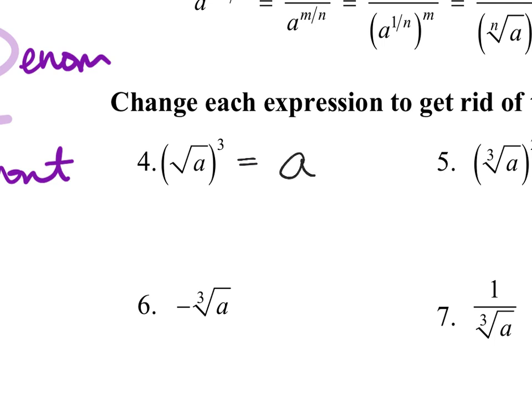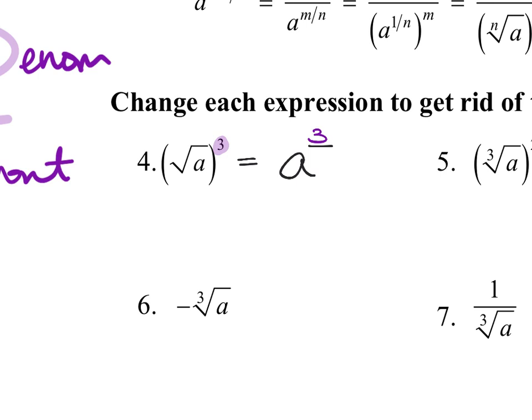But how would you rewrite this one so it had a fraction exponent? If the numerator is behind, what number is behind? 3. That's my numerator number. If the denominator number is in front, what number is secretly in front?